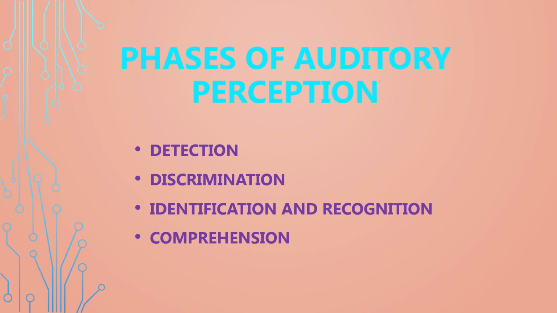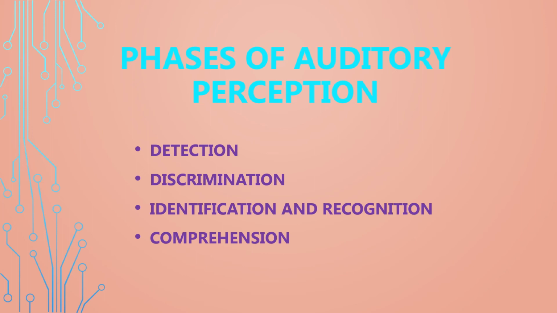For the perception to happen, the brain has to analyze the characteristics of the sound. We have learned the characteristics of sound in the previous slide. Those characteristics must be analyzed by the brain for perception. And this perception happens in several steps.